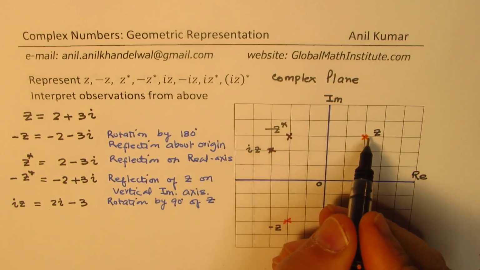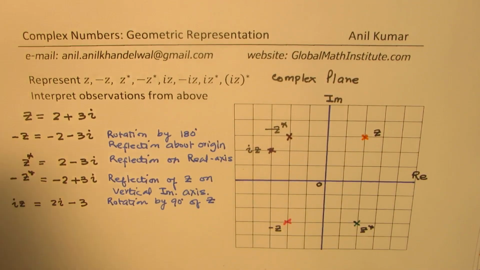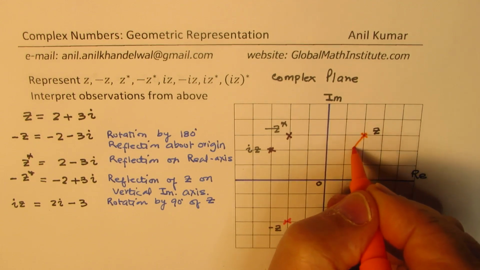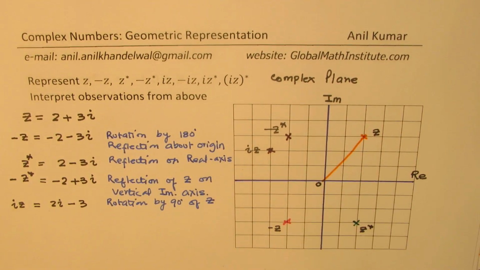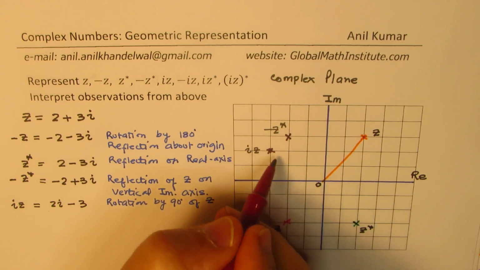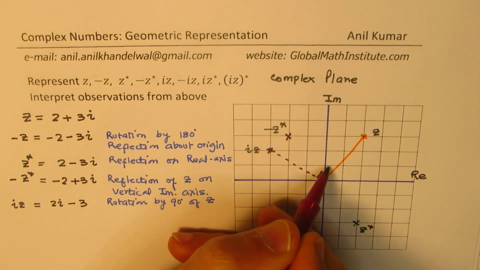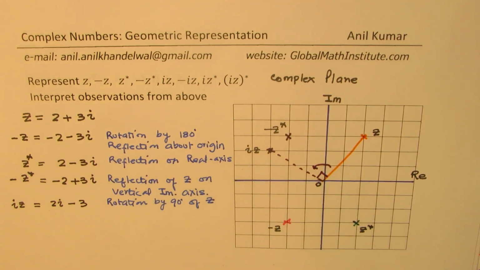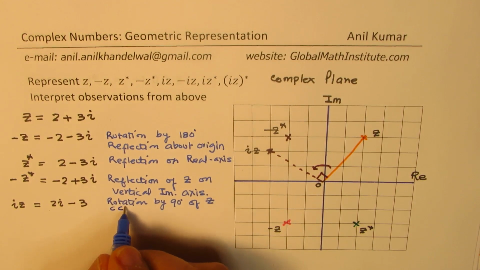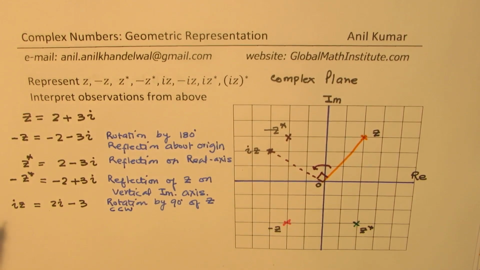So if you compare with the original position, which is right here, right? And now, if I look into i times z, which is here, we see that this is a rotation counterclockwise. So we can write down counterclockwise rotation by 90 degrees. So whenever you multiply by i, we do see a counterclockwise rotation by 90 degrees as shown in this particular diagram. Perfect.